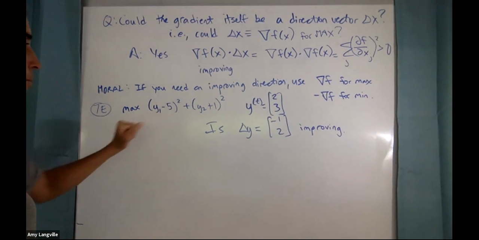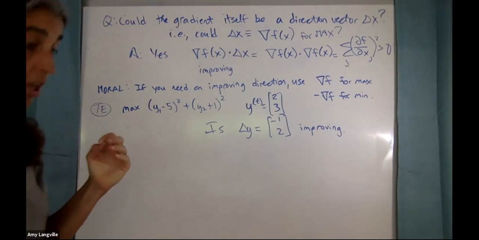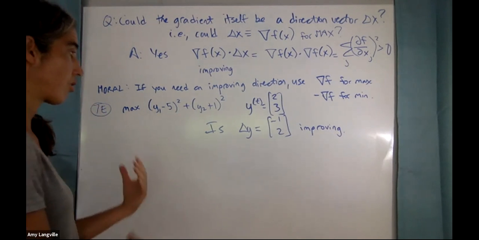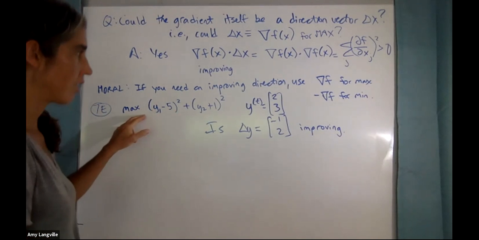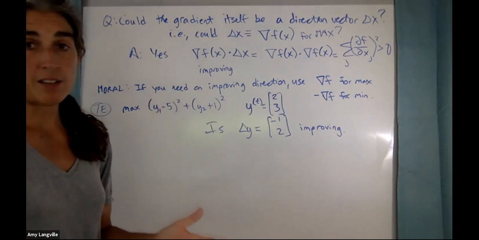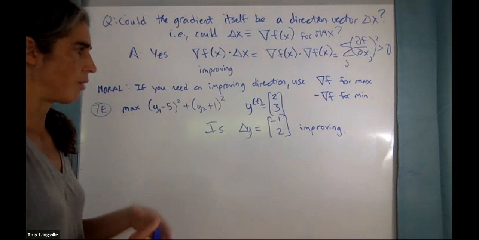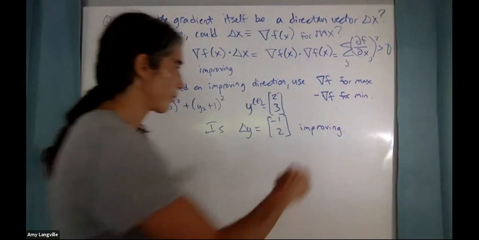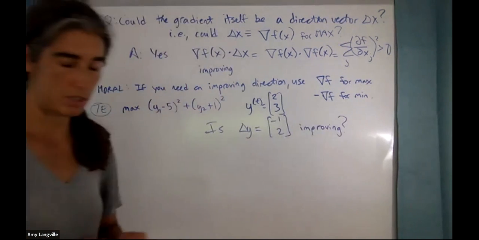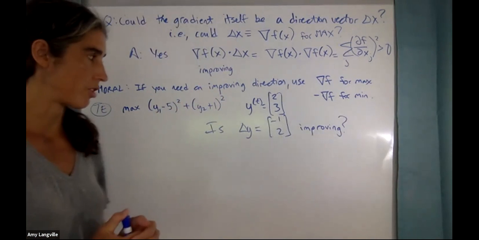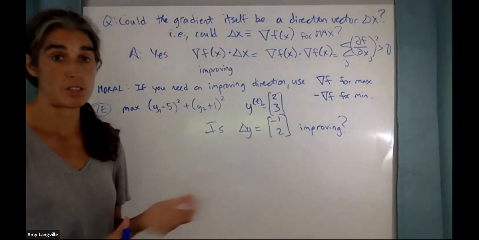This is a function we can actually visualize in R3 because we have two independent variables, y1 and y2, affecting a third one, really like a z. This is our objective function. He's not giving us any constraints, but the question is, is this direction vector improving? We don't need to know about the constraints to answer questions about improvement. Remember, that has to do with the objective function, so he's given us enough information to do this.